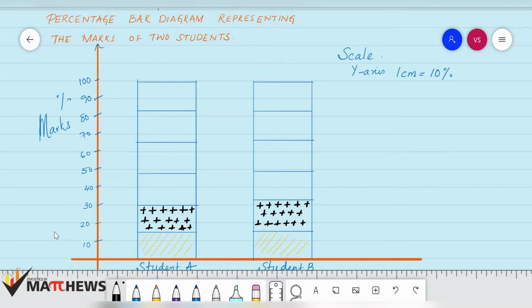The next one, I'll write the letter M. Here also I'll write the letter M. A kind of design. Then dotted lines like this.